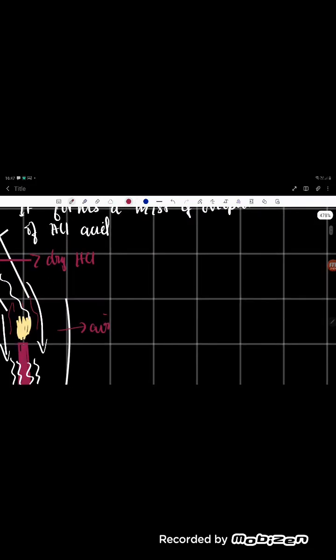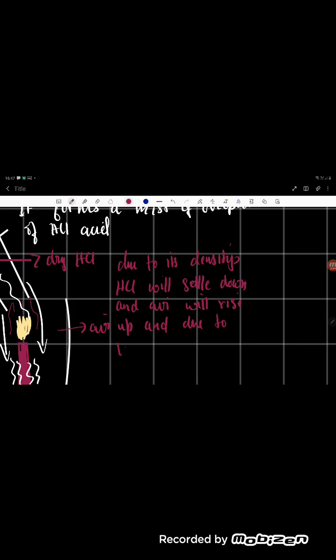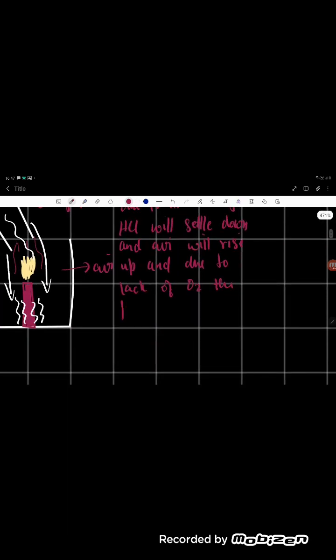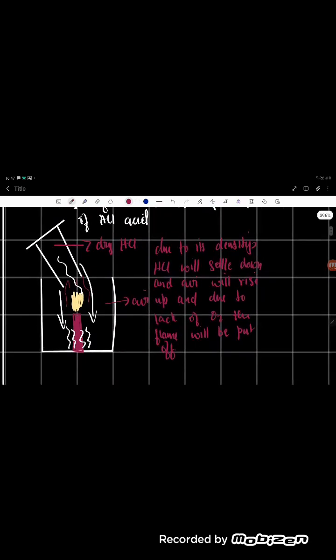Due to its density, HCl will settle down and air will rise up, and due to the lack of O2, the flame will be put off. So that is the explanation here.